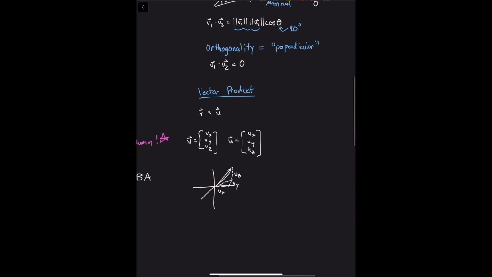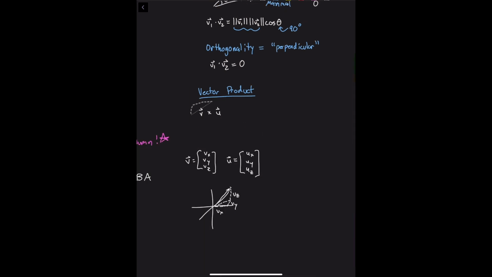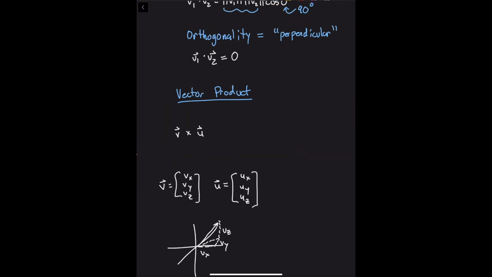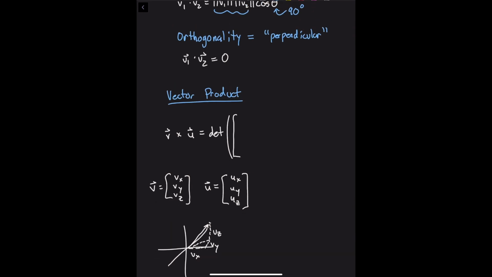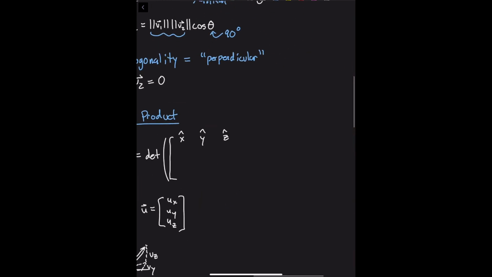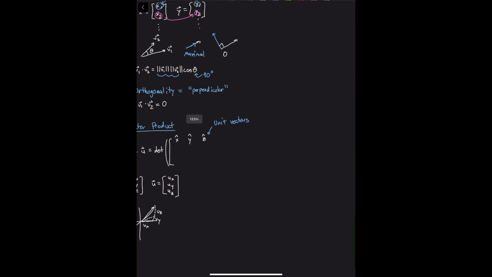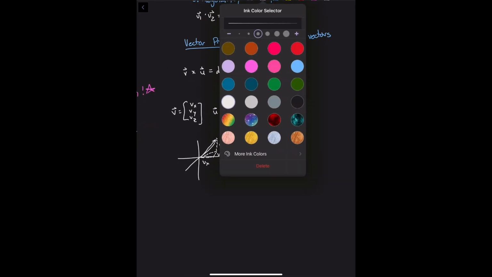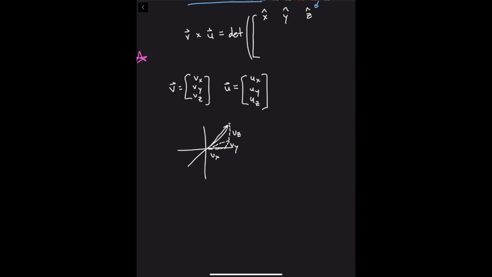So the cross product is actually defined as the determinant of a matrix. So this would be the determinant of a matrix that we define as x hat and y hat and z hat in the top. So if you don't know your hat vectors, these are called unit vectors. And basically, if we're going to this drawing, x hat would be 1 in the x direction.